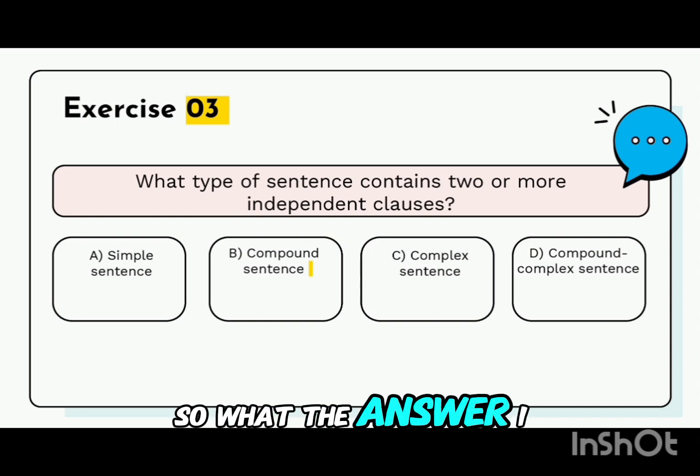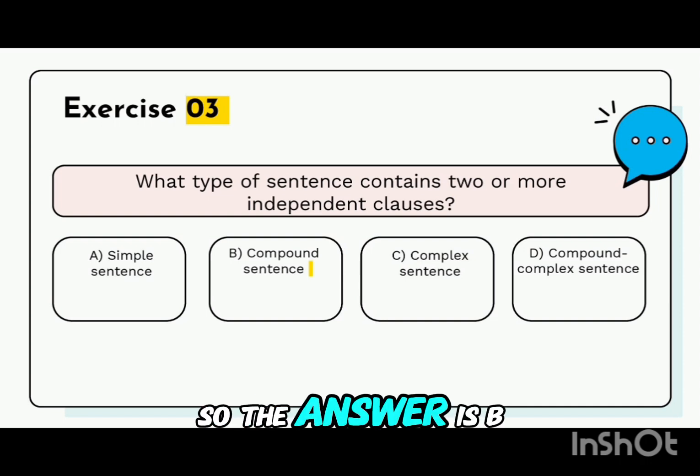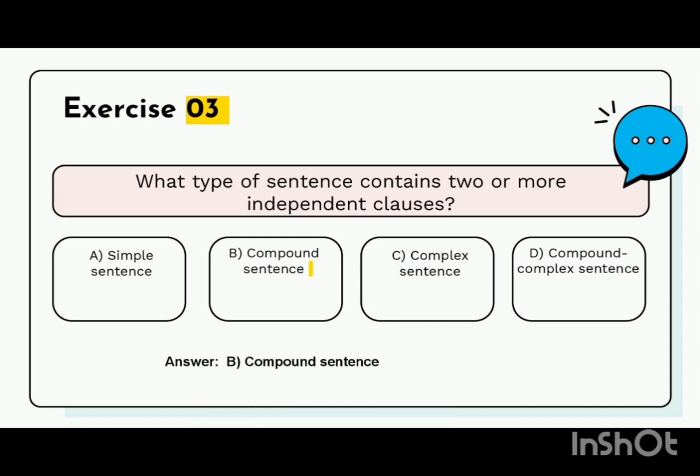So what is the answer? I will count until 3. 1, 2, 3. So the answer is B. Compound sentence. Go on to the next.